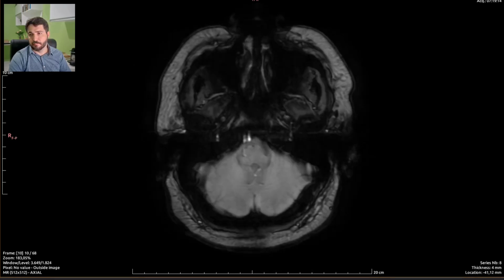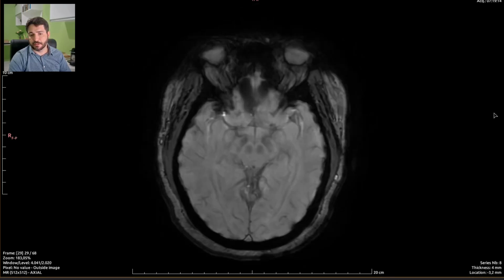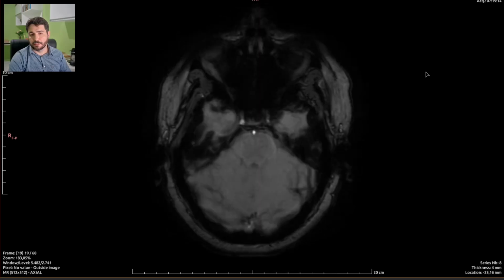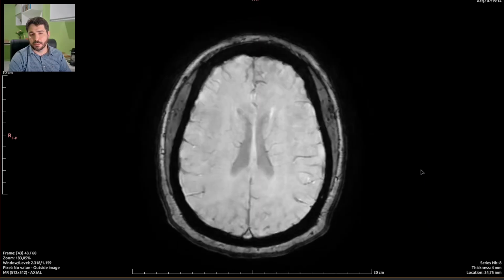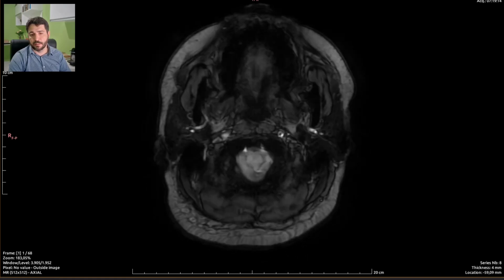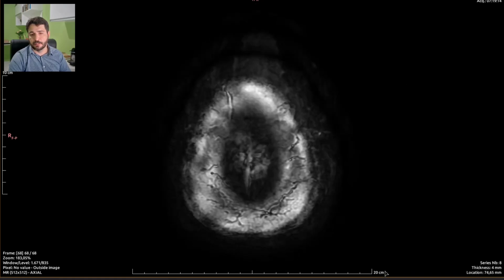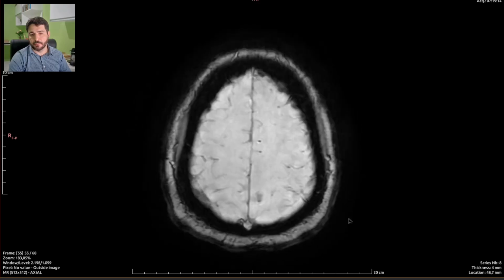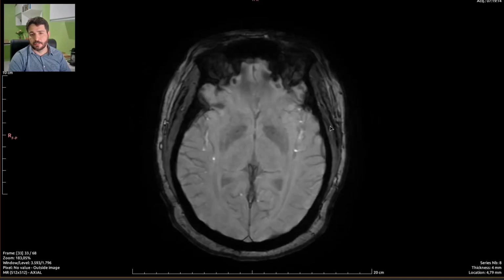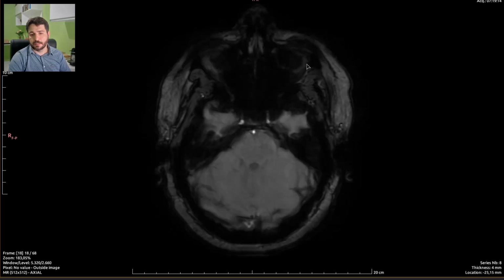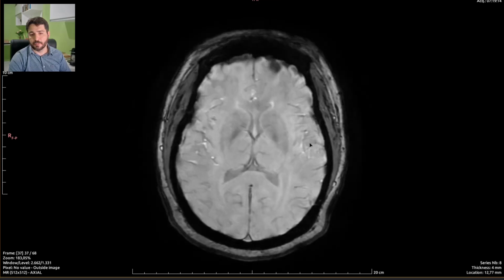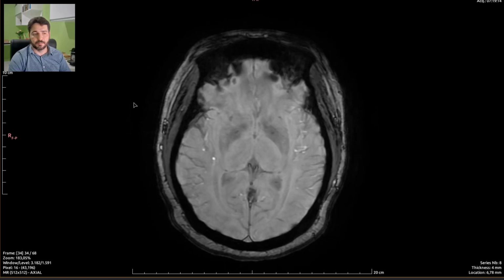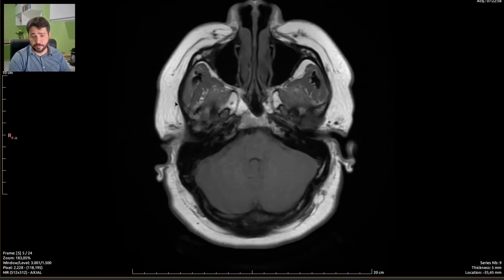Oh, they have a susceptibility weighted sequence, volumetric axial sequence, a SWI or SWAN sequence, which highlights blood products both acute and chronic. So there isn't any sign of blood product, hemosiderin deposition or acute bleeding on this particular sequence, which is fine.